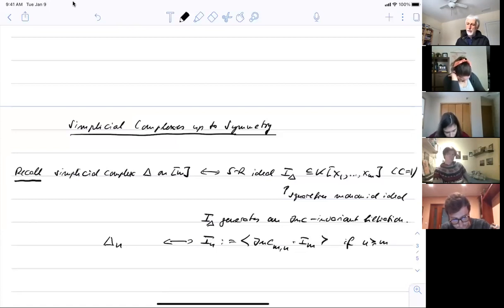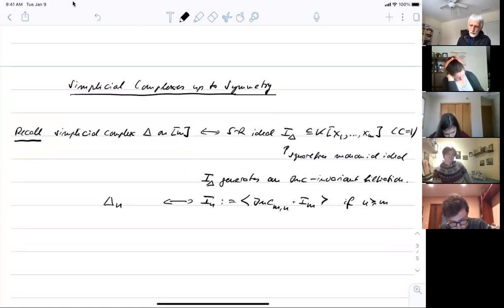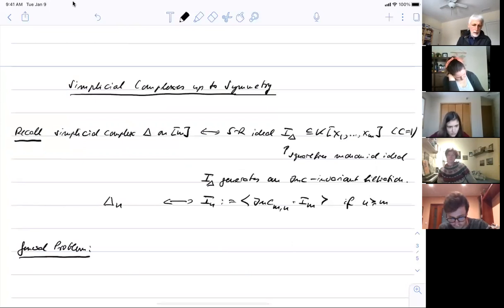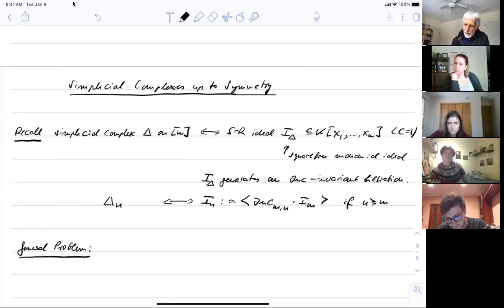So what this means, starting with any simplicial complex, we can generate a whole sequence of simplicial complexes, as discussed in some cases previously. Uwe, yes? Is I_m the same as I delta? Yes, but I should have written I delta. This would have been better. Thank you, Alessia. Thanks.